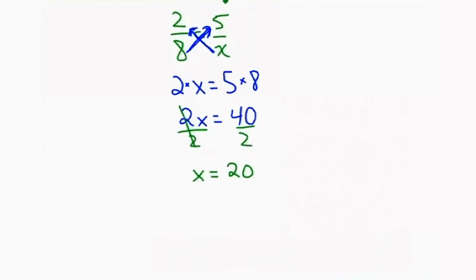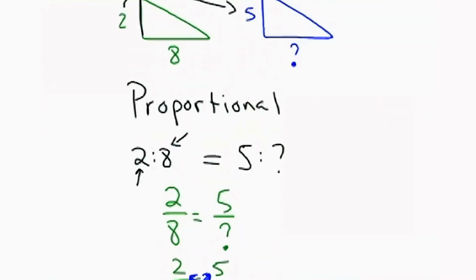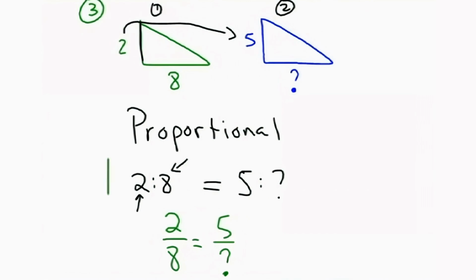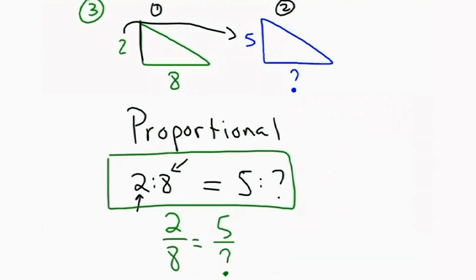So if these two triangles are proportional to one another, it means that their ratios have to be written like this: 2 to 8 is the same as 5 to what?